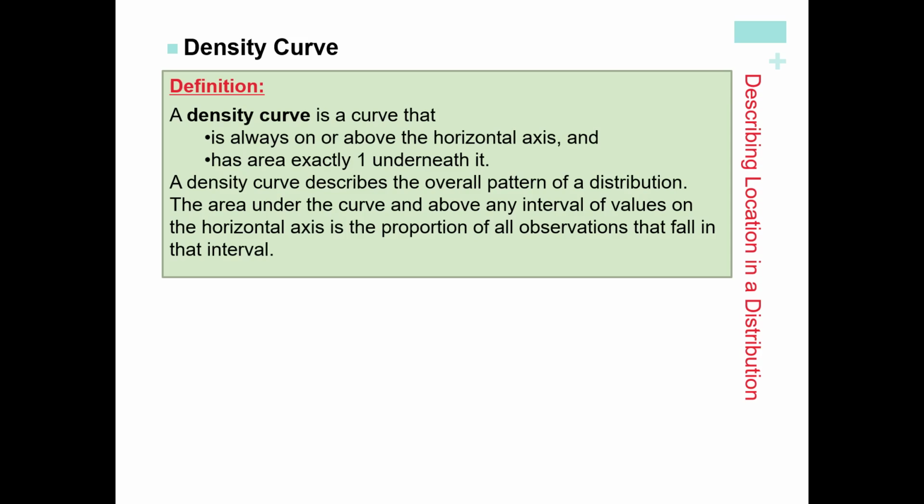So for example, if we were flipping a coin 10 times and wanted to know how many heads we were going to get, if we had a density curve that showed all the various probabilities, the area between 2 and 3 would tell us how likely it is that we're going to get a number either between, well, it's discrete, so this is a weird example, but a number that fell either at 2 or at 3.